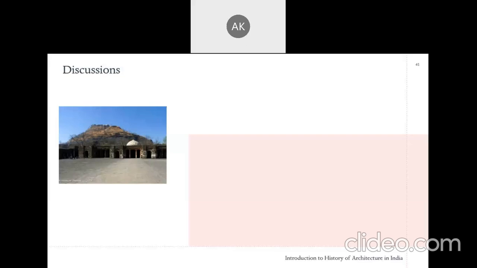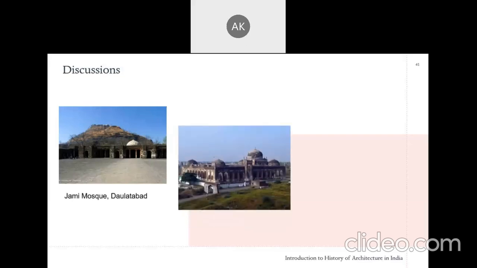So this is the Jami Mosque of Daulatabad. Again, this is the Jami Mosque of... can anyone identify? The other two options remaining are the Jami Mosque of Gulbarga and Delhi.